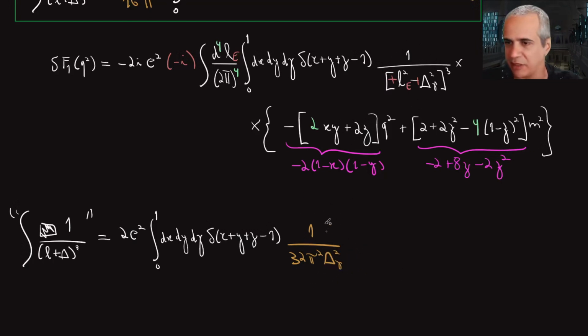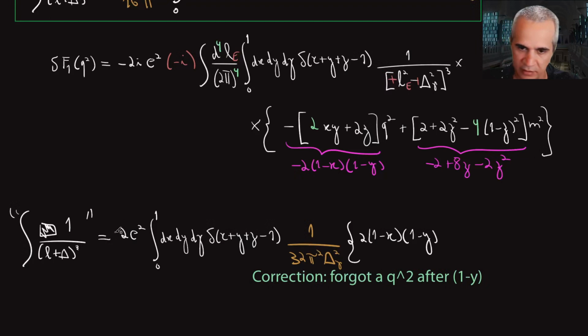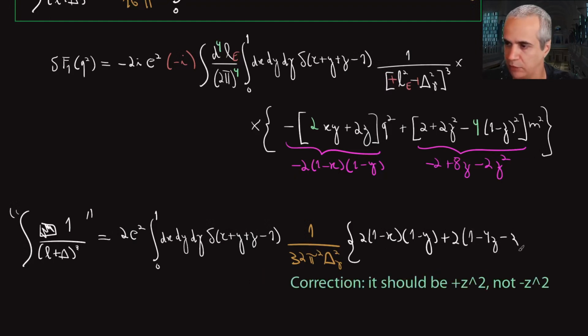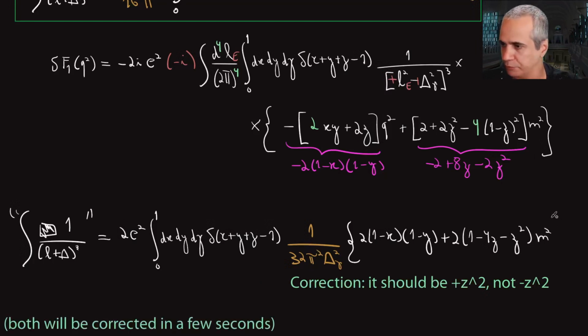It's the same integral that keeps showing up again and again. And everything in here is just 2 times 1 minus x, 1 minus y. You see that sign, it's compensated for out there. And this is just 2 times 1 minus 4z minus z squared, m squared.